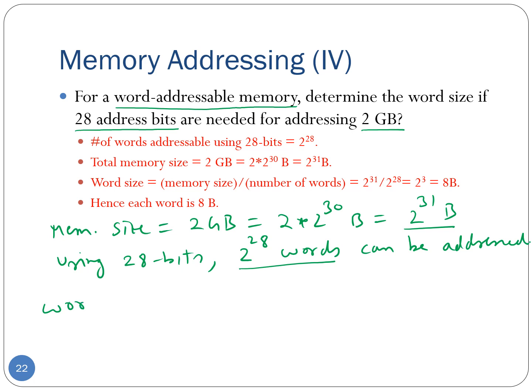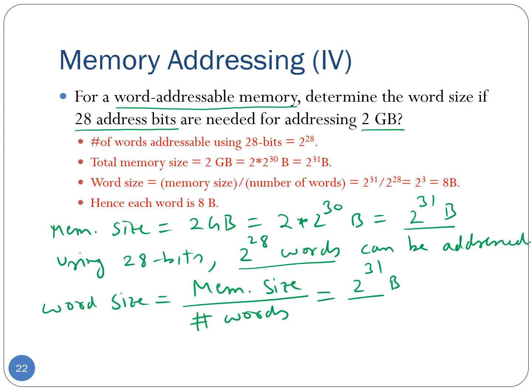So the word size would be given by memory size divided by the total number of words in the memory, right? So that is basically 2 to the power 31 bytes divided by 2 to the power 28 words. Okay, so basically this is simply 2 cube bytes, so that is basically 8 bytes. So this is the size of the word, 8 bytes.